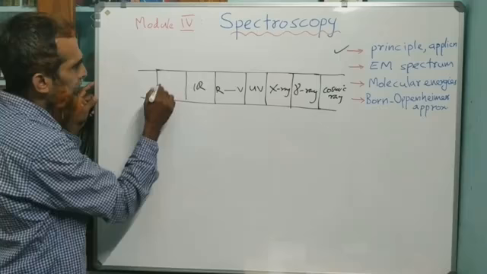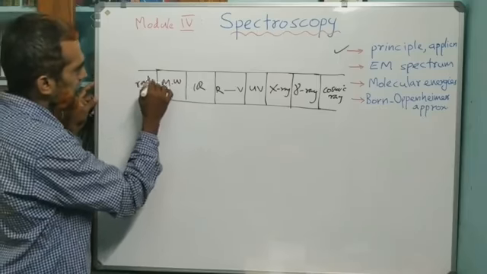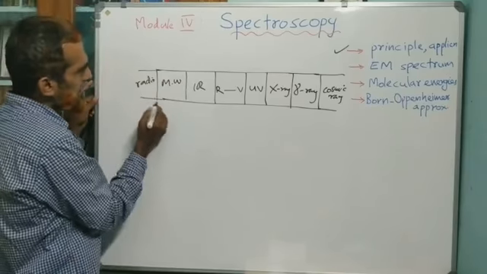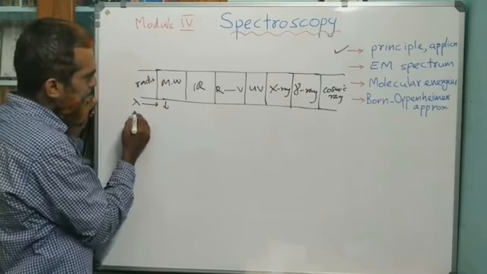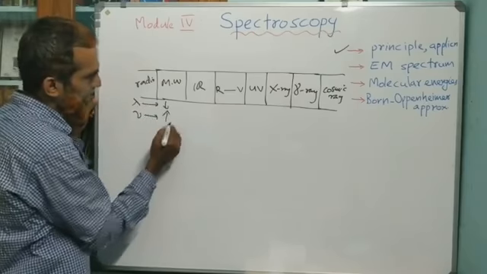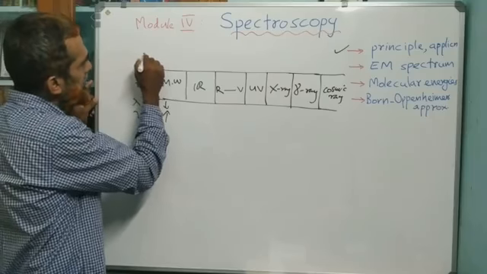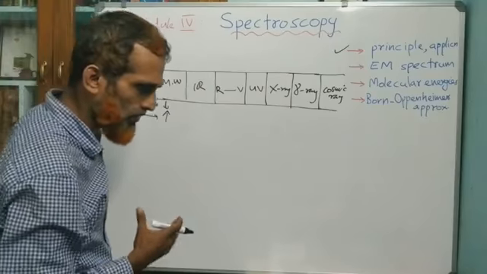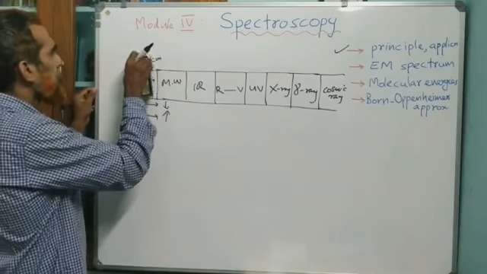Then you have microwave and radio waves having maximum wavelength. See, in this direction wavelength is decreasing and frequency is increasing, you know that. The wavelength of radio waves is as high as 3 kilometers, roughly speaking, a very large wavelength for radio waves.